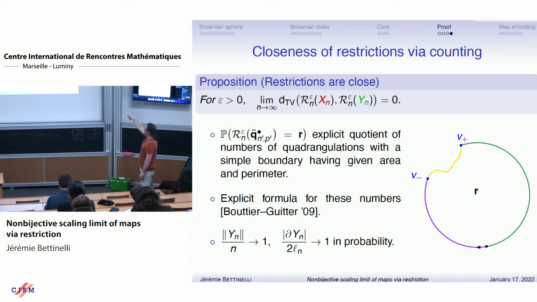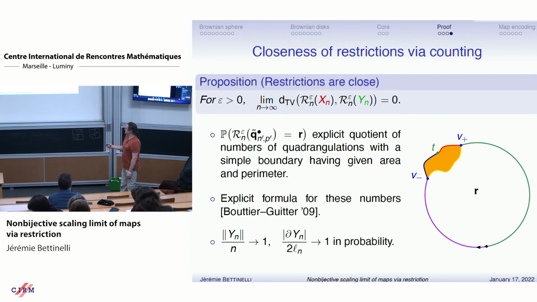I want the restriction of my map to be this R. So the question is, what should I add there to have this restriction in the end? It's just counting the number of maps I can add here. So it's just the number of quadrangulations with the right parameters. And these numbers, the number of quadrangulations with a simple boundary with given parameters, have been computed by Bouttier and Guitter. So we have explicit formulas.